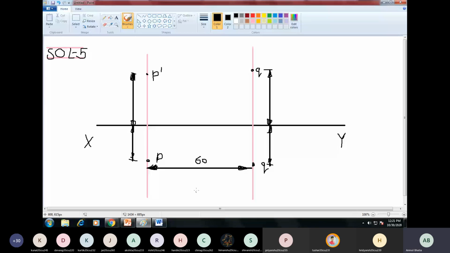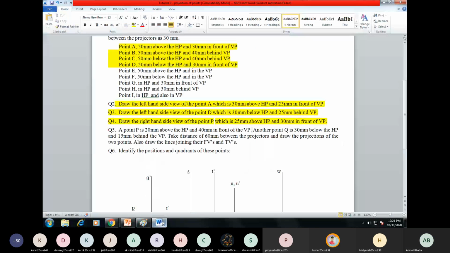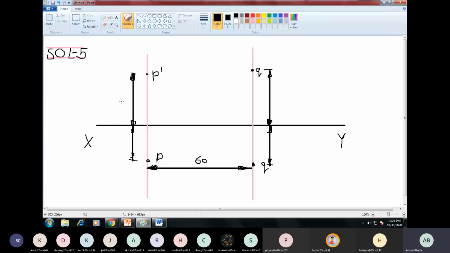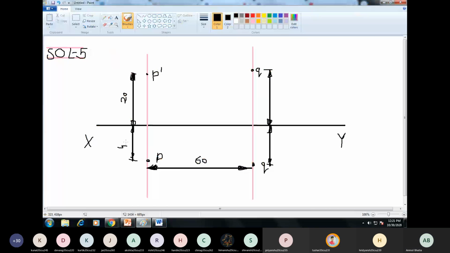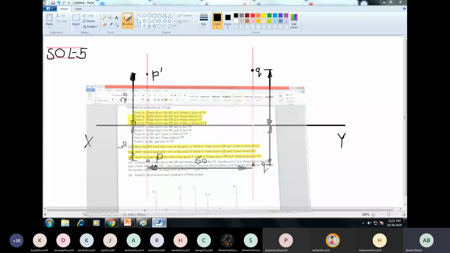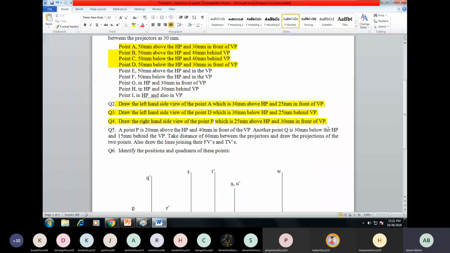Okay. Now what about the distances? 20 HP दिया है, तो I'll indicate 20 with the front view. Okay. And VP 40 है, so we'll indicate 40 here. दूसरे पॉइंट में HP के साथ लिंक्ड है 30 mm and 15 is linked with VP.